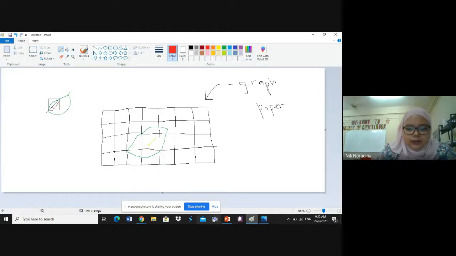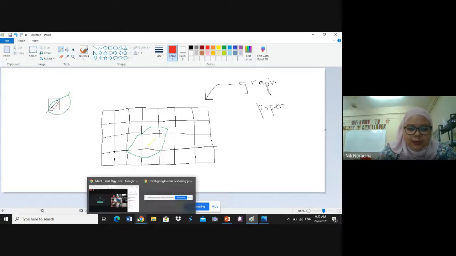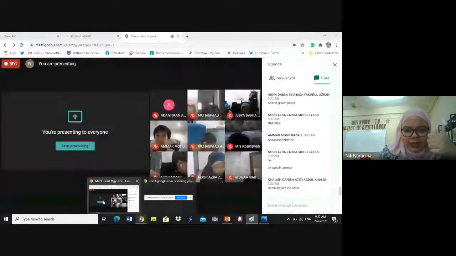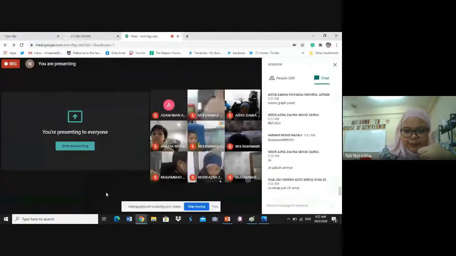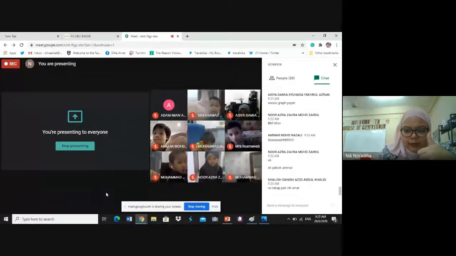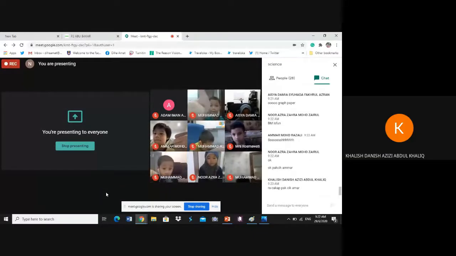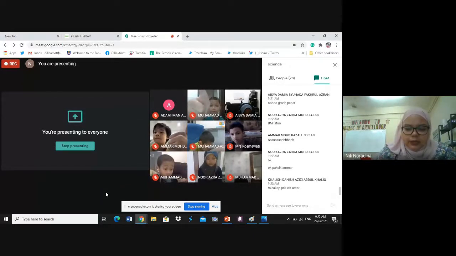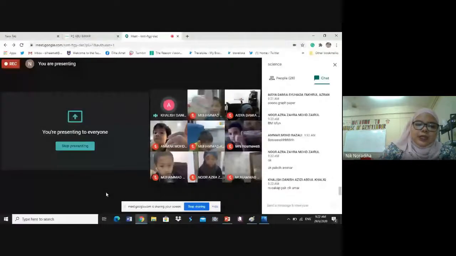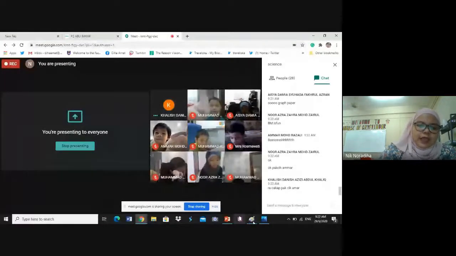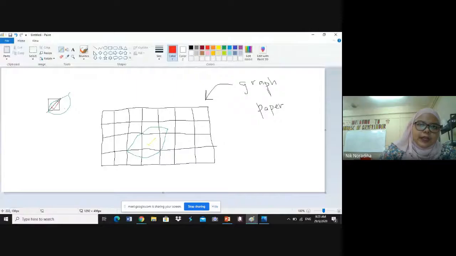So far, can you understand about half? Can you do the thumbs up if you understand about exceeding half of the square? Okay, all right. So the teacher will show you again. What you need to remember is, when we find the area using graph paper, if the shape exceeds half, you have to count it.